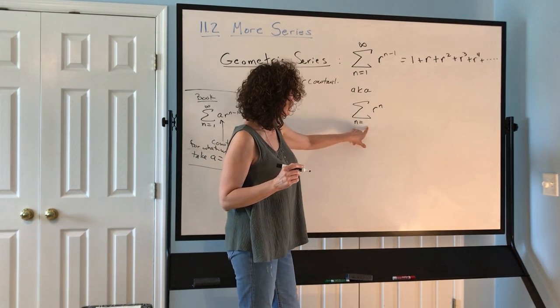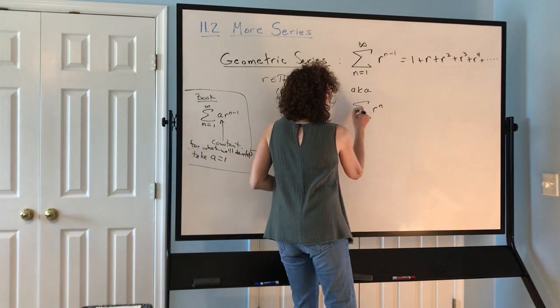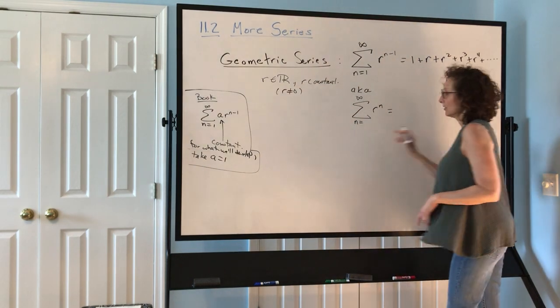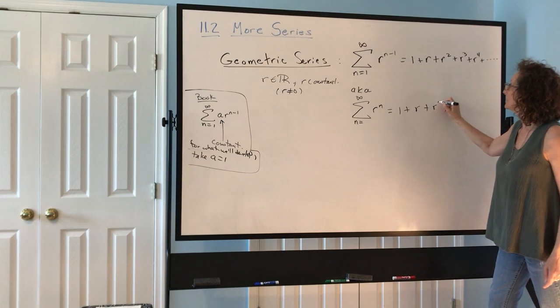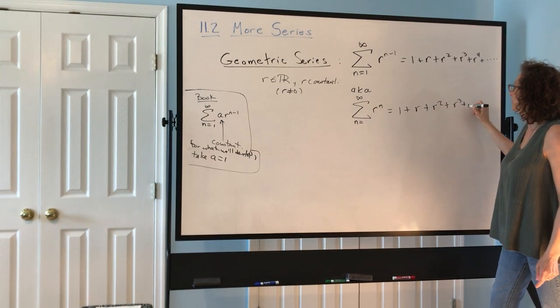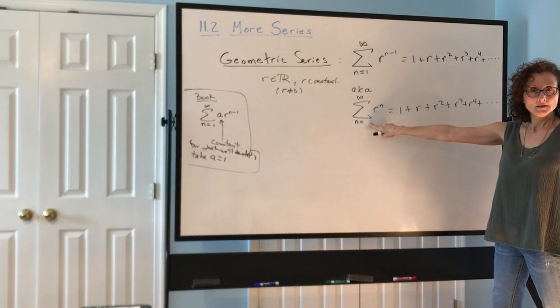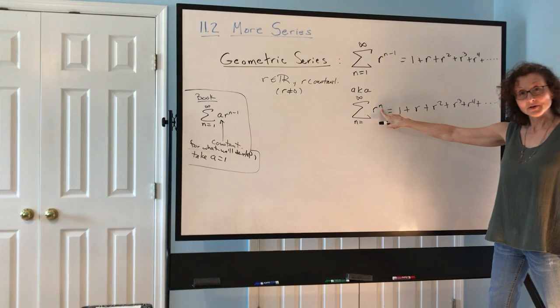You guys tell me, what do you think? If we want that to be the exact same sum as that, we want to keep going forever, but the question is, where should the counter start? If I want that to be 1 plus R plus R squared, plus R cubed, on and on forever, where should I start my n? n should be 0, yeah?